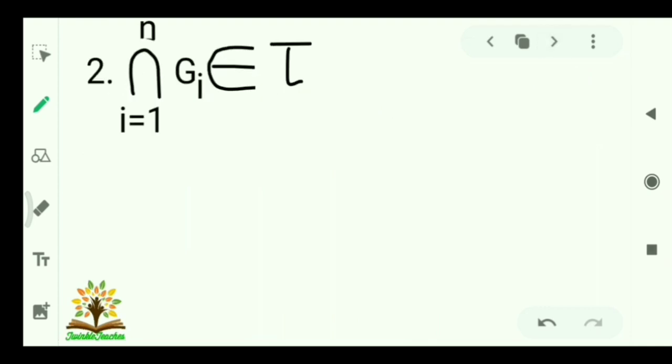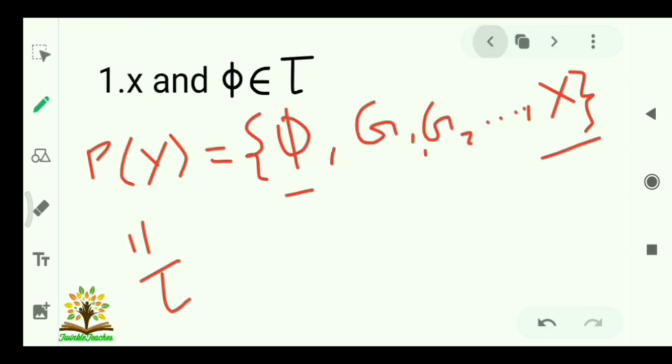Come to the next property, which says that finite intersection of members of tau belongs to tau. If we collect members from the power set of X, then we find that their intersection will again be contained in that set, because X is the supreme set which is contained in it, and the smallest set phi is also contained in it.